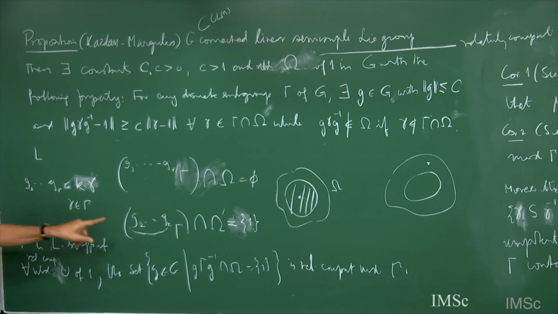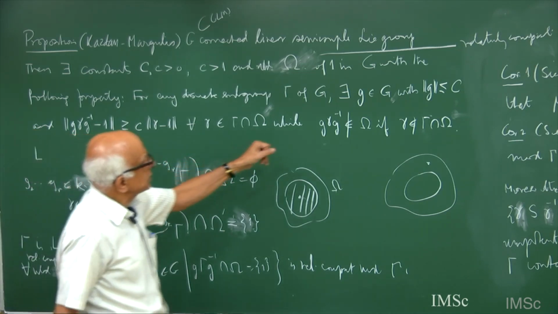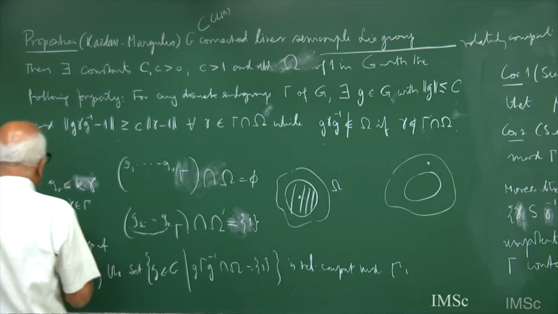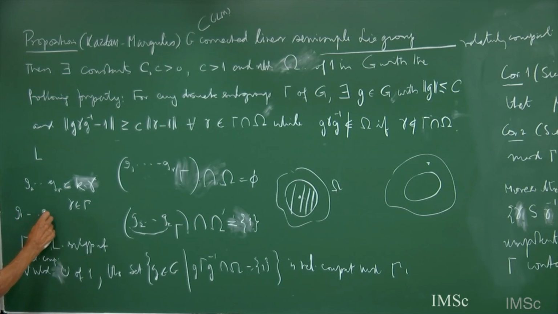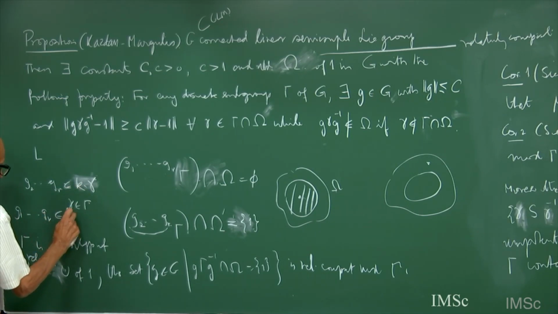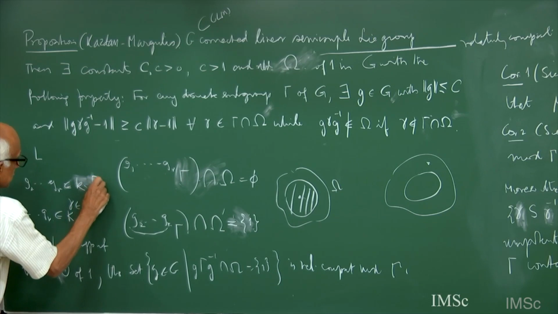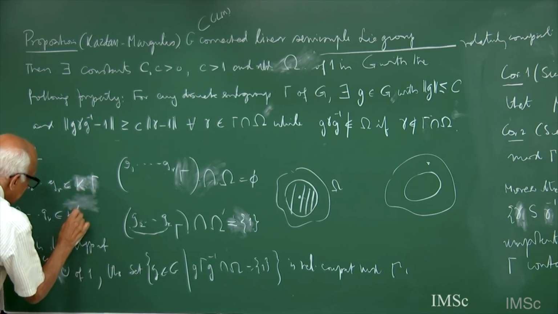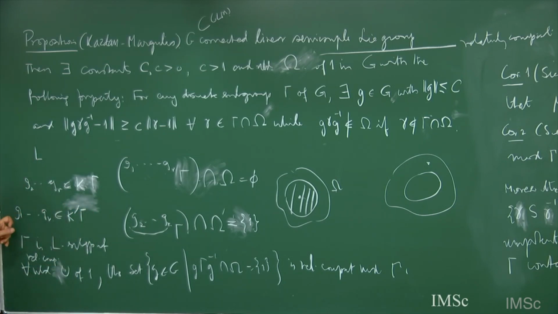And my g_1 is also in a bounded, relatively compact set. So even if I add g_1, I am going to get some k prime gamma, a relatively compact set times gamma, so it still will be in a compact set. It's simply g_1 k, so it stays in a compact set.